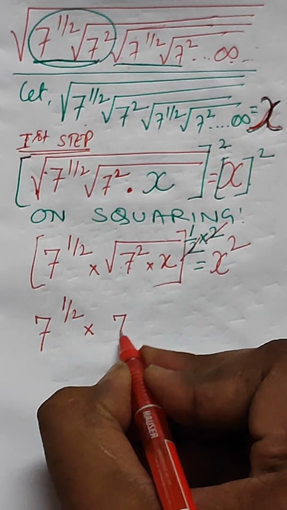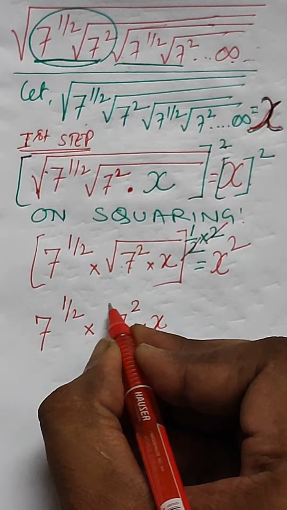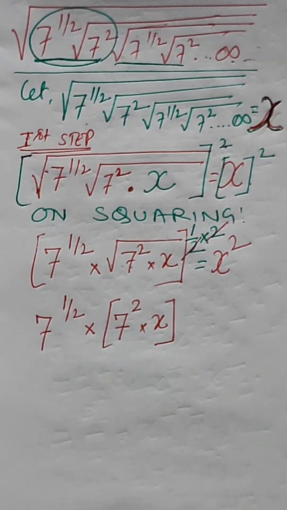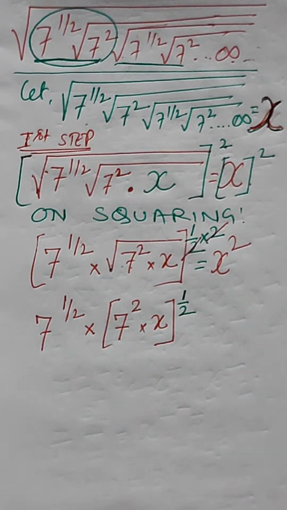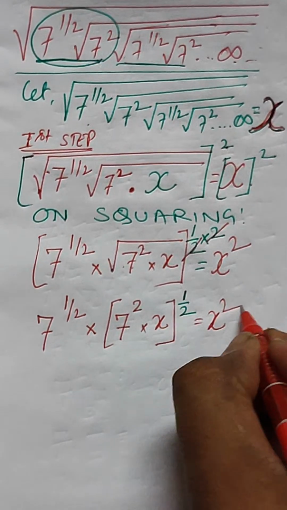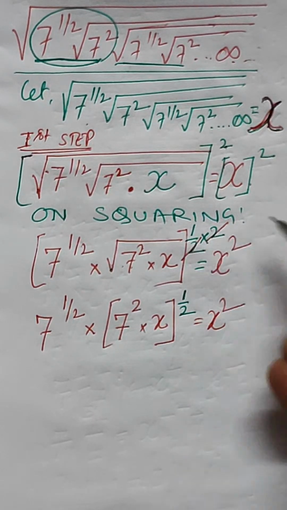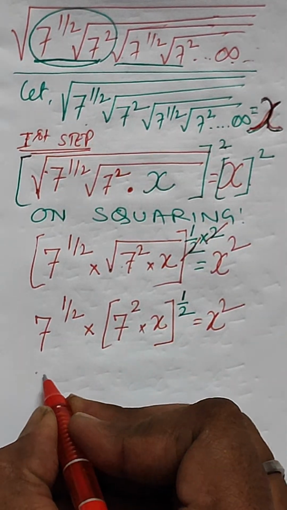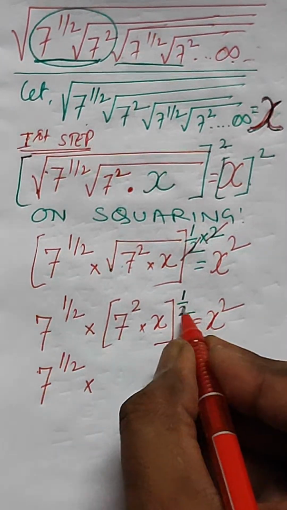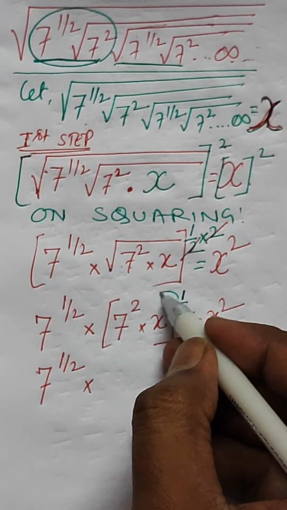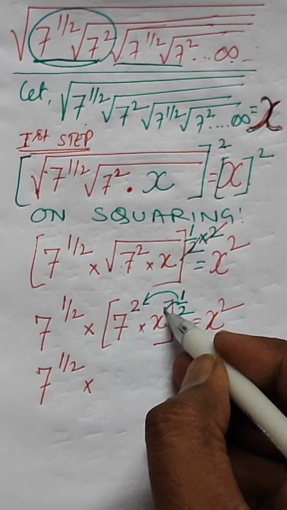So what is that? That means 7 power 2 into x, whole power, for this root it is 1 by 2, and this is equal to x square. Mind it, this 1 by 2 is not this one because here 2 is already cancelled. Now this will give you 7 power 1 by 2 into, this exponent will be multiplying the exponent of 7 and the exponent of x also.